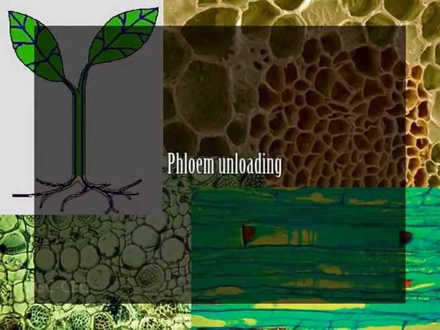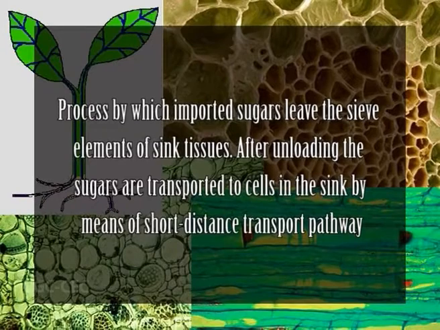Now, phloem unloading. The active loading of sieve tubes at the sites of production has its counterpart in the active unloading of sieve elements at the sites of consumption, that is sinks. The phloem unloading is the process by which imported sugars leave the sieve element of sink tissues.